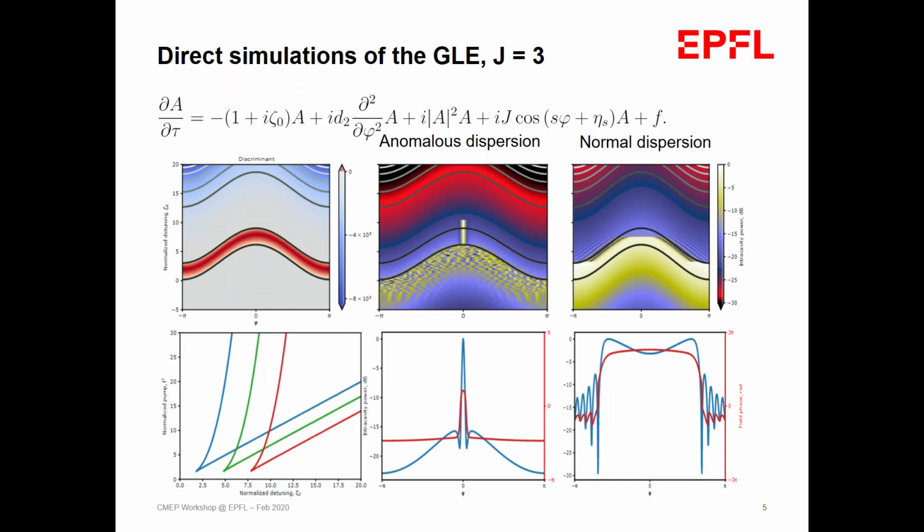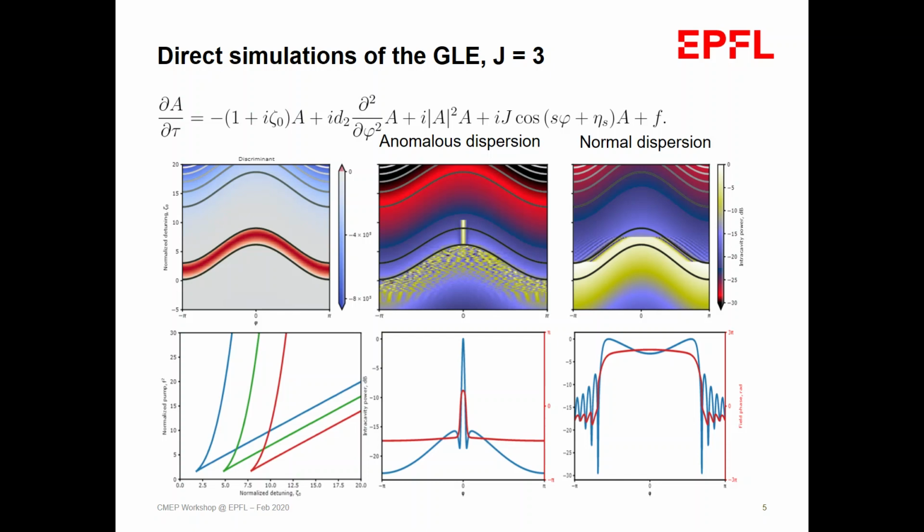Using this fact, we can predict more or less the soliton existence range in modulated cavities. And for different coupling strengths, we obtain that the soliton existence range only shifts in the detuning region there.